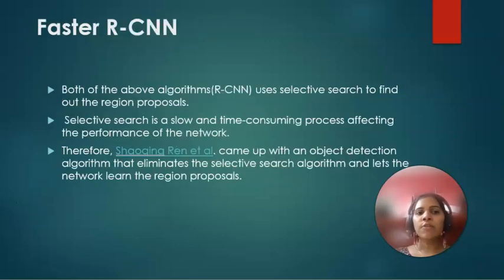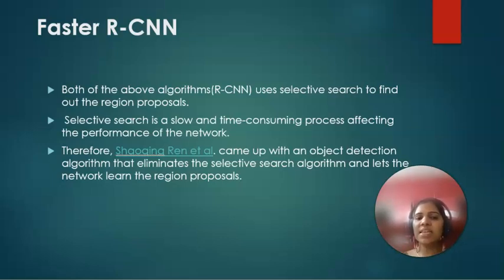Here comes Faster RCNN. So what is the benefit of Faster RCNN? Faster RCNN mitigates the problem of these 2000 region proposals by avoiding the selective search algorithm. Instead of that, it has its own network called the region proposal network.